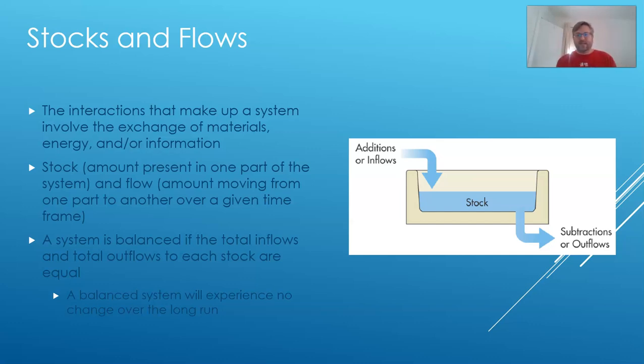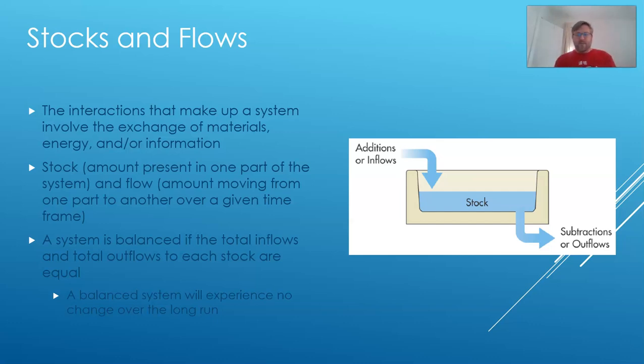And when we look at a system like this, we're often interested in whether that system is in balance. And so a balanced system is one where the total inflows and total outflows to each stock are equal to each other.